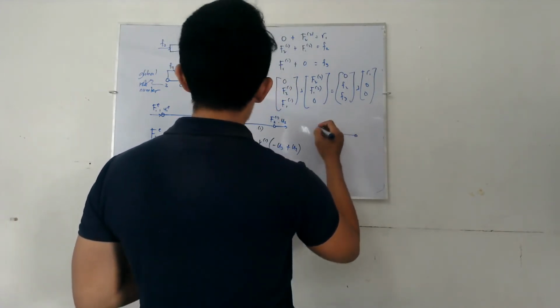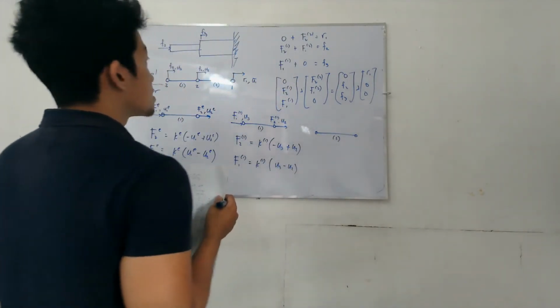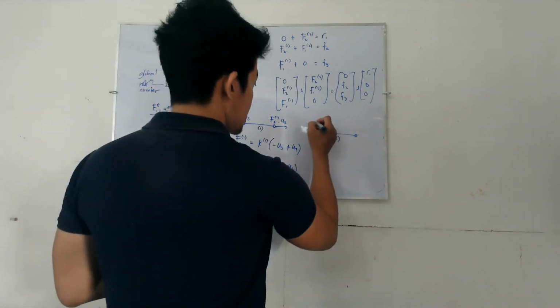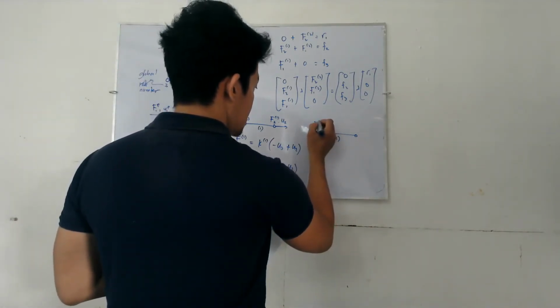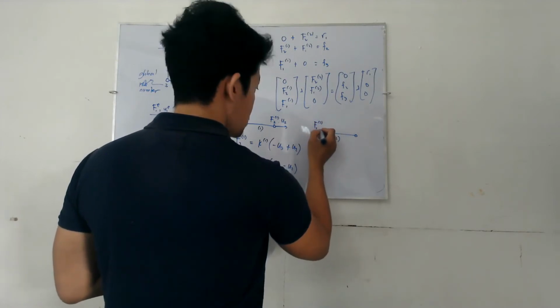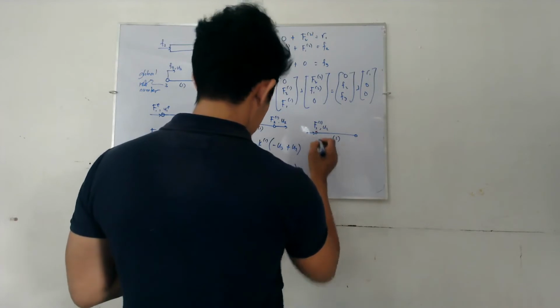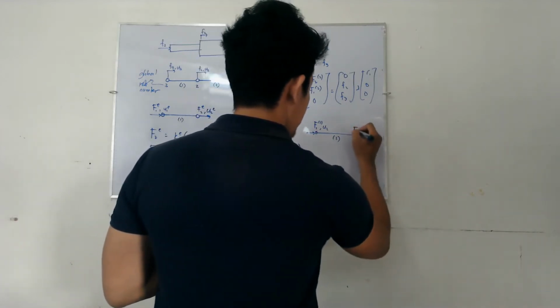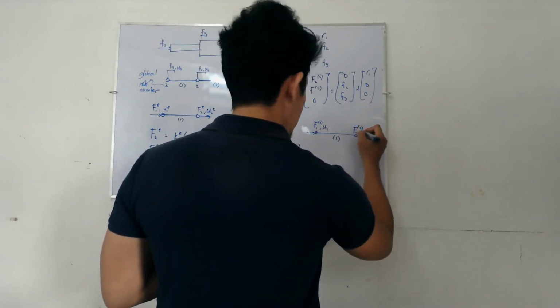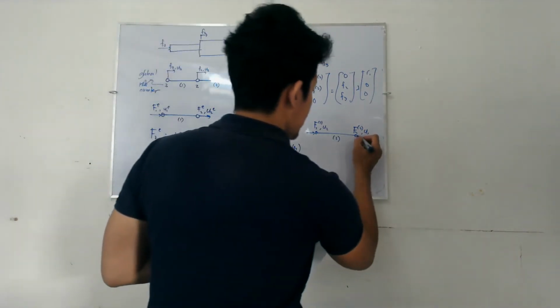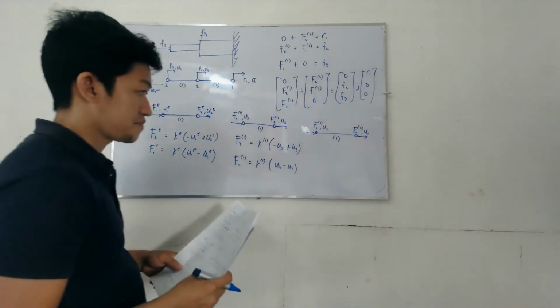How about for the second element? Element 2 earlier is F1 of element 2, U2, and F2 of 2, U1. Okay?